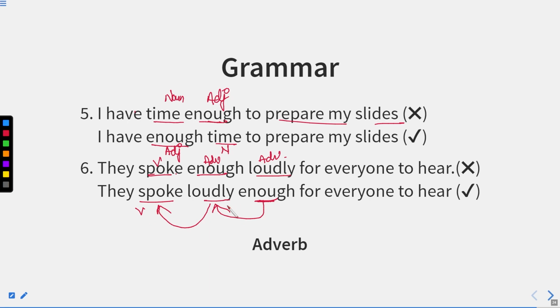So spoke is a verb, loudly is an adverb, and enough is also an adverb which is qualifying an adverb. So it should be placed after the word loudly. So: they spoke loudly enough for everyone to hear. So these are the correct sentences using the word enough.